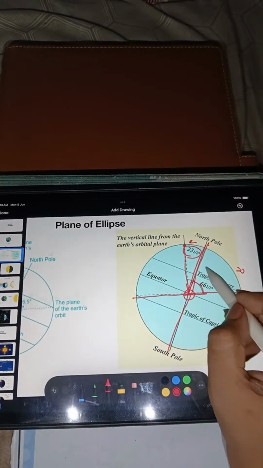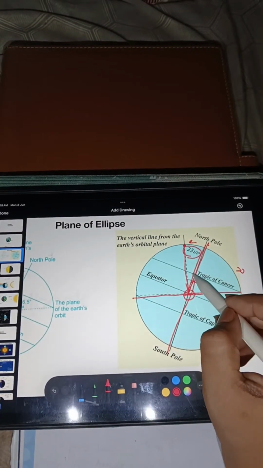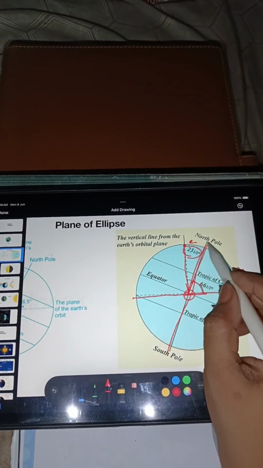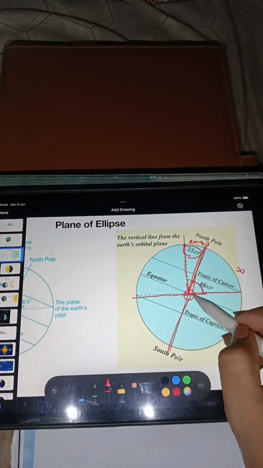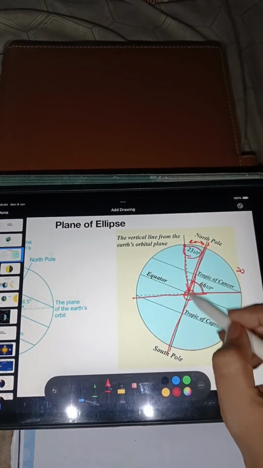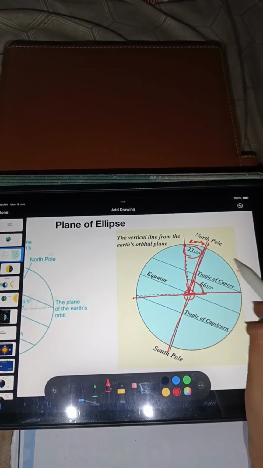So Earth is tilted at an angle of 23.5 degrees from here. This tilt is actually the measurement of our Earth's axis.